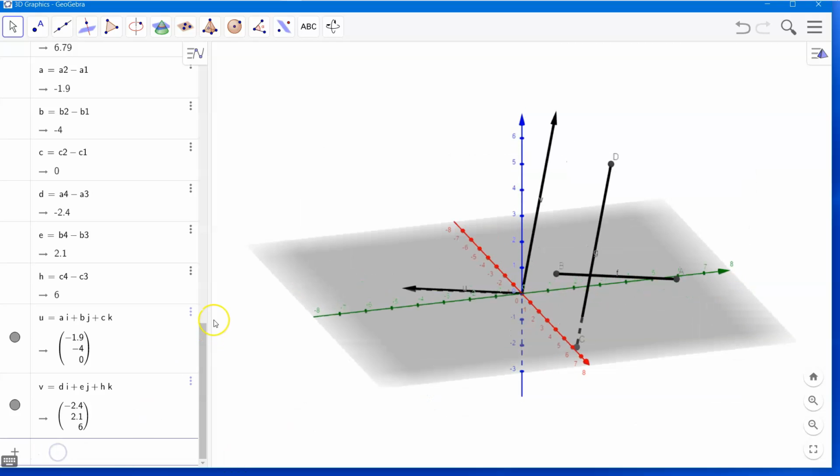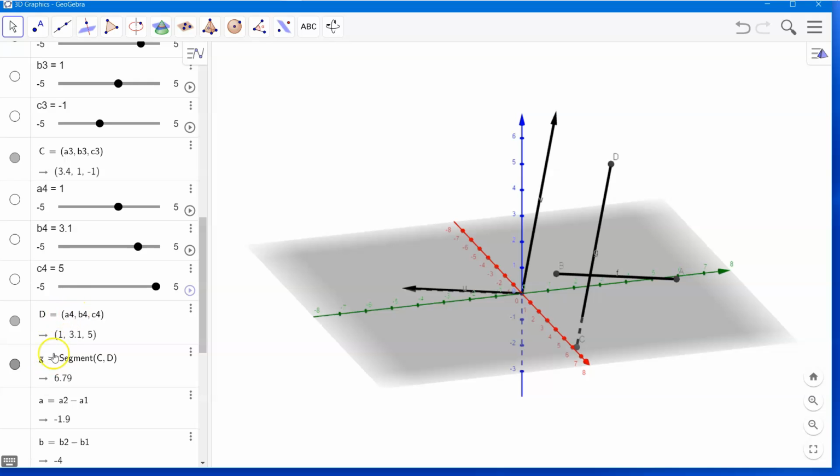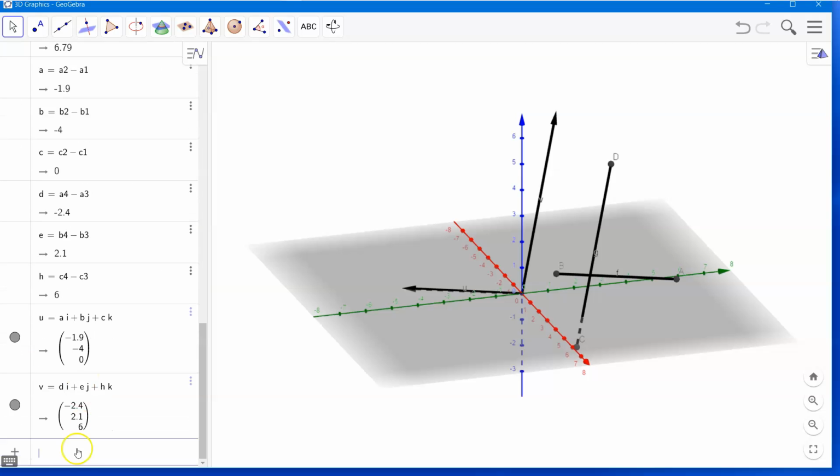First of all we require the magnitude, and remember GeoGebra itself provides us a function to calculate the magnitude. When we create a segment g equal to segment c comma d, it automatically gives us the length. So we can use g, but let's actually use the formulas that we have learnt.